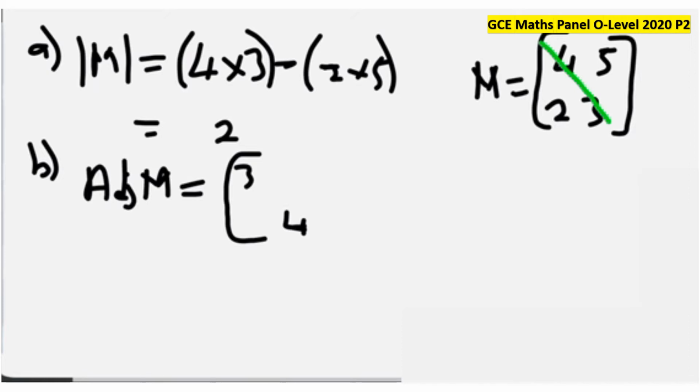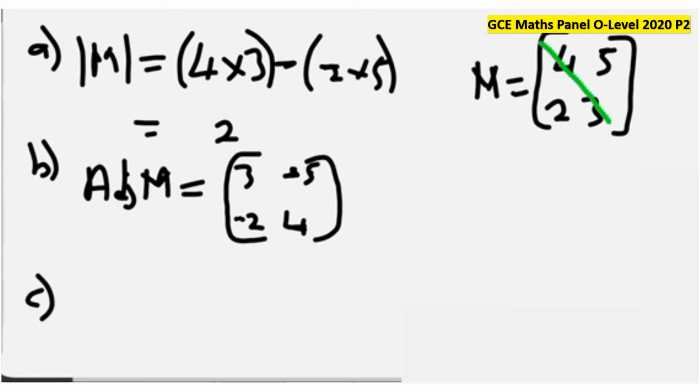Then you change the signs of the off diagonal entries. So this number here, positive 5, now becomes minus 5. Here, plus 2 now becomes minus 2. However, if it was negative, it now becomes positive. So this is the adjugate of this matrix.